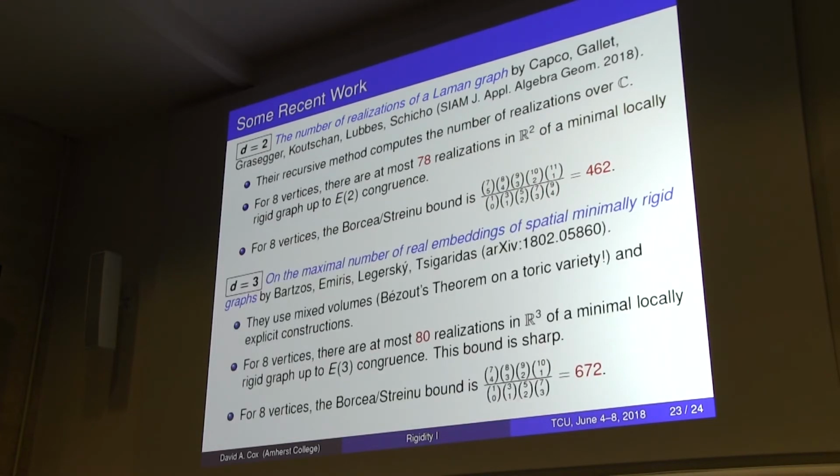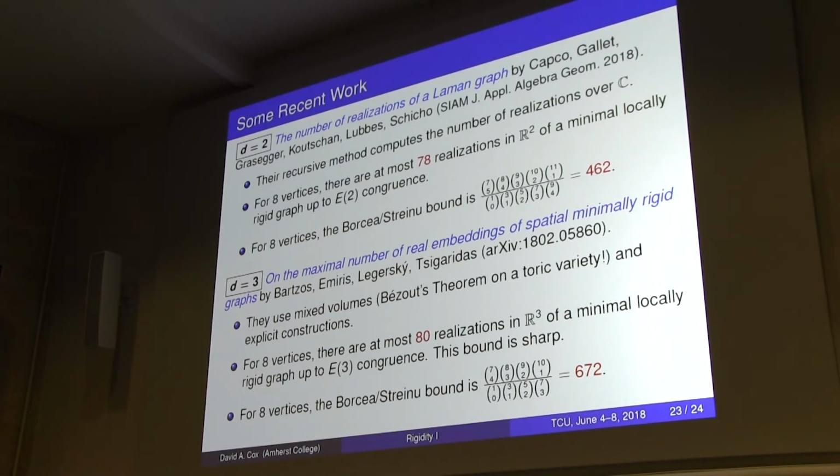And then another result was posted on the arXiv in February of this year. I know Ioannis Emiris in Athens, and this is some of his collaborators. They're talking about spatial minimally rigid graphs, so they're now working in 3-dimensional space. There they used mixed volumes and Bezout's theorem on a toric variety.